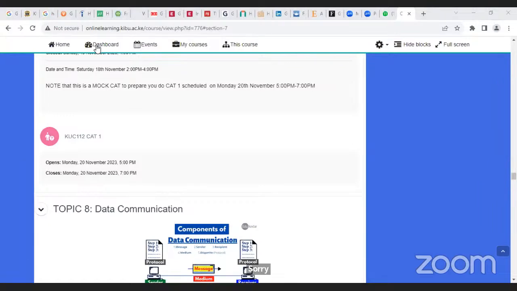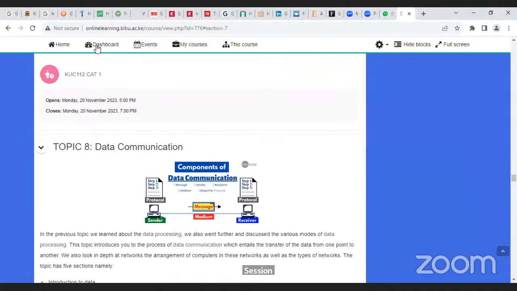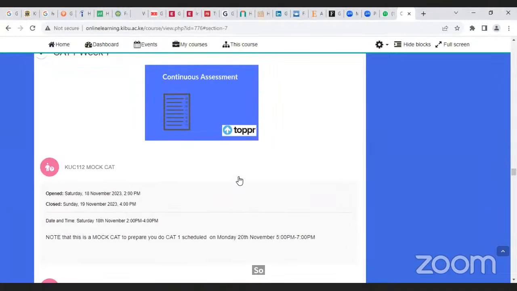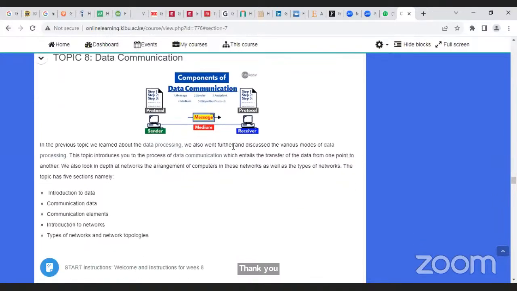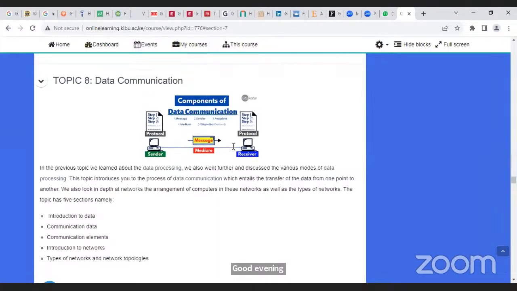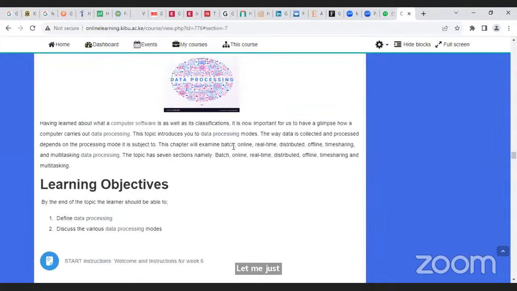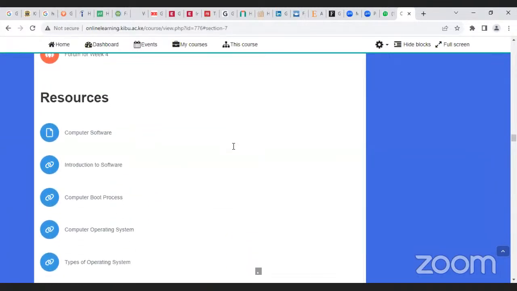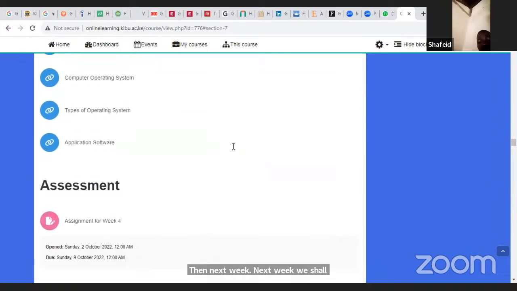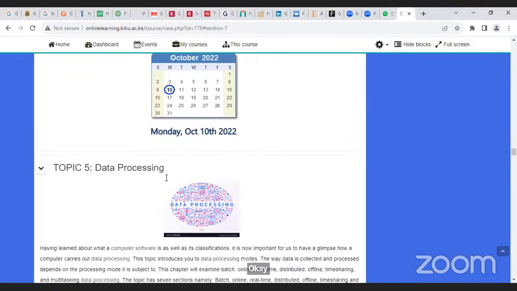Next week we shall be able to cover data communication and data processing.